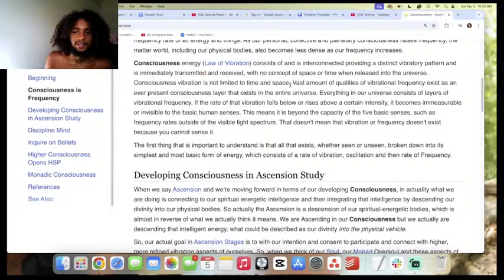Consciousness energy consists of and is interconnected, providing a distinct vibratory pattern, and is immediately transmitted and received, with no concept of space or time when released into the universe. See, keywords: with no concept of space or time when released into the universe, right? So what that means is you have access to literally all the frequency that has ever been released into the multi-cosmos right now.